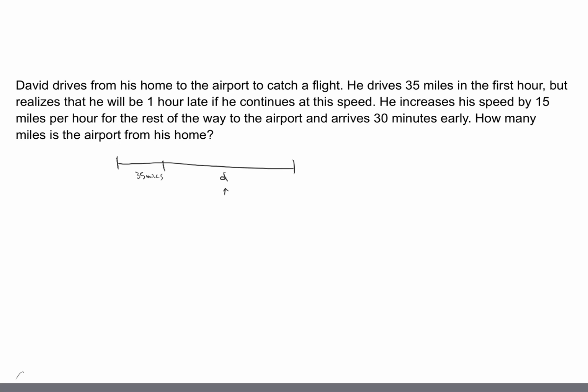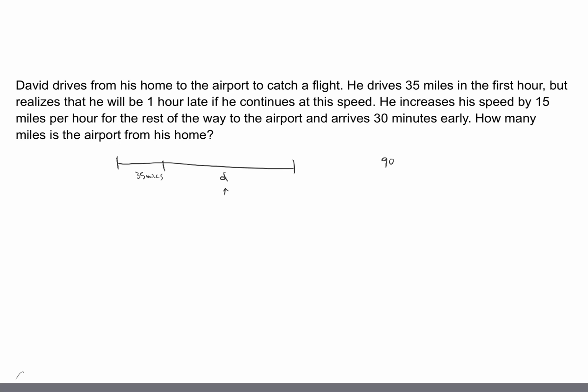The hint? Oh, the hint was to just ignore the first hour and just focus on the second part. Not quite, Thomas, not quite. Okay, another hint would be to consider the difference between the times, right?